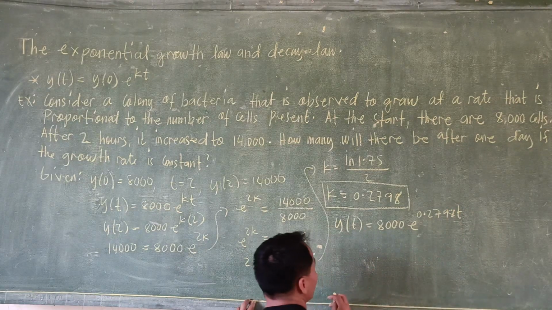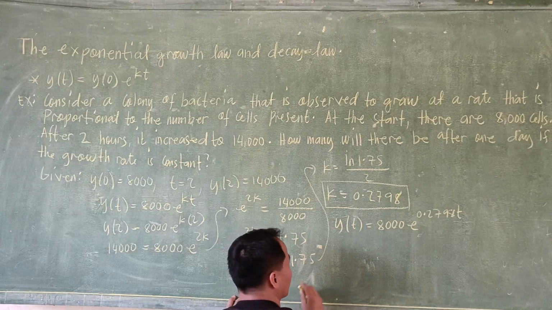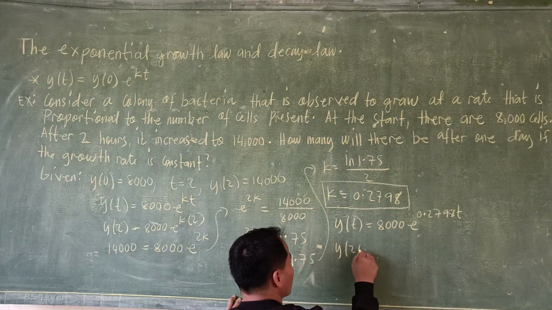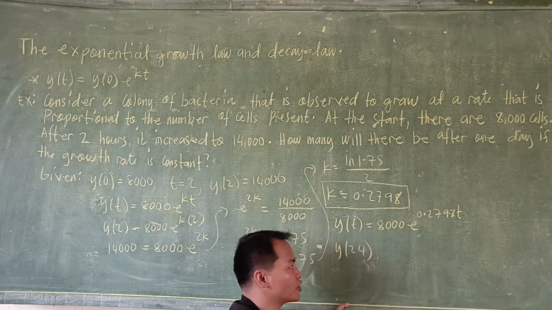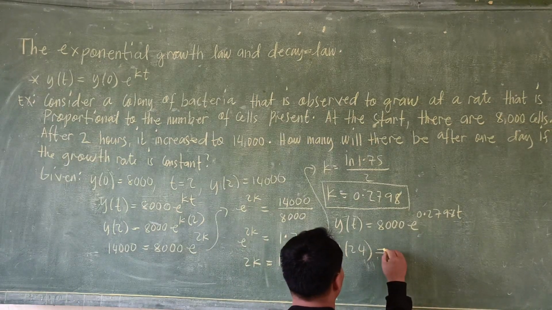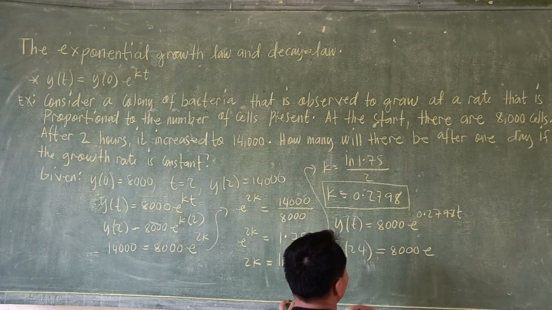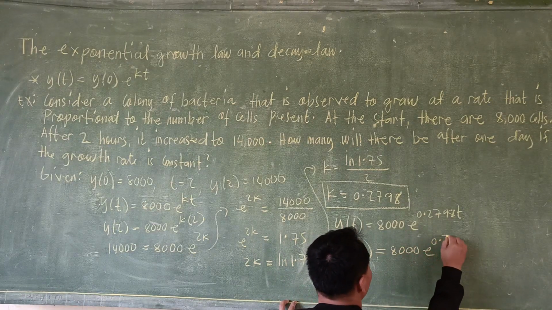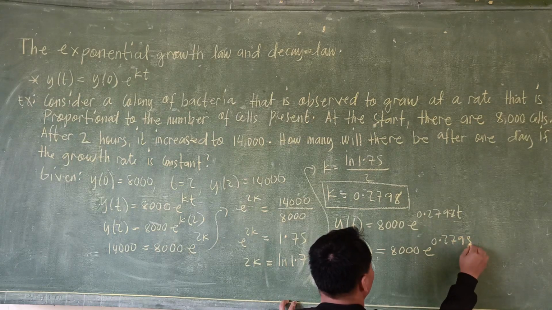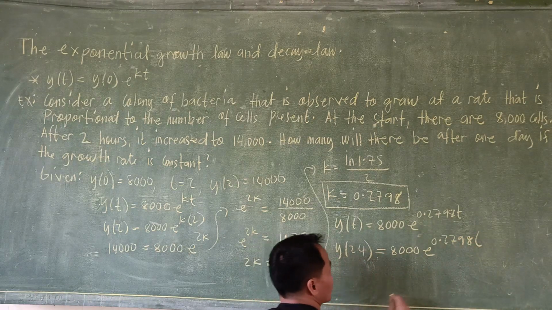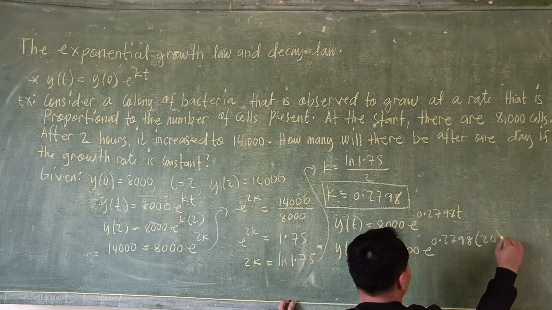Now we can identify the value of y of 24, the population after 1 day. That is 8,000 times e to the power of 0.2798 times 24.